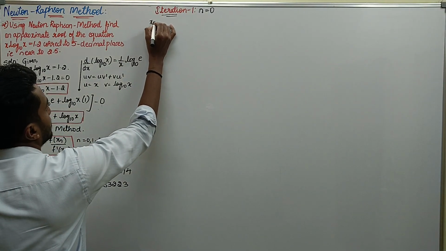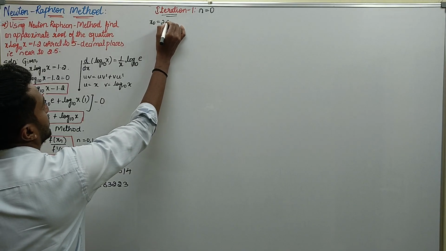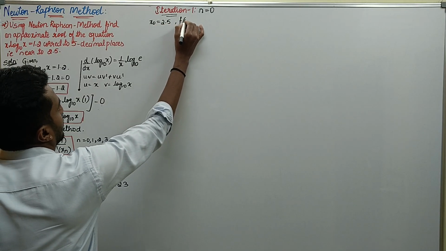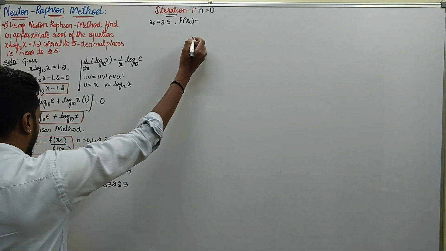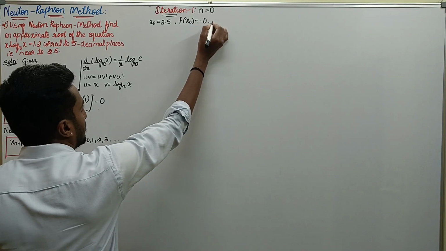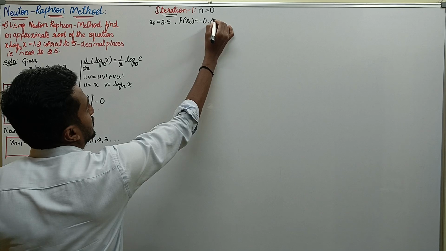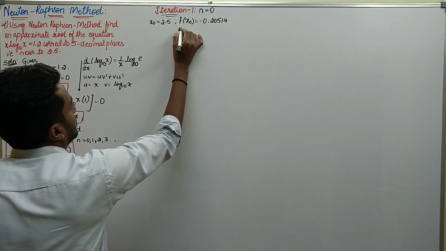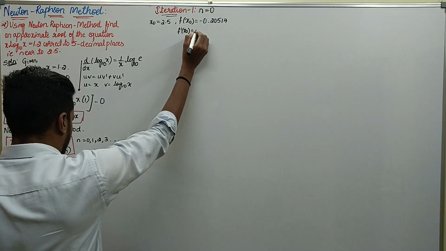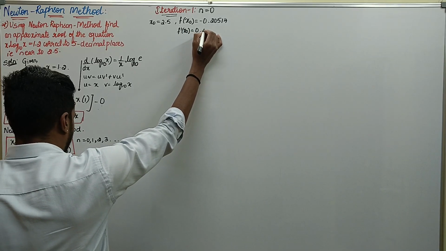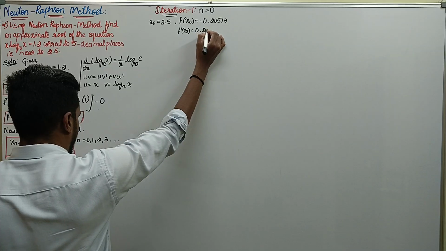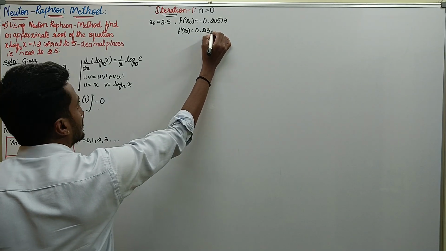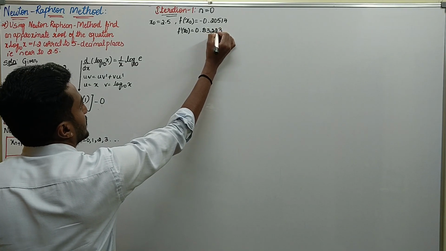X naught, what is x naught? 2.5 given. Next, f of x naught is minus 0.20514, and f dash of x naught is equal to 0.83223. Done.